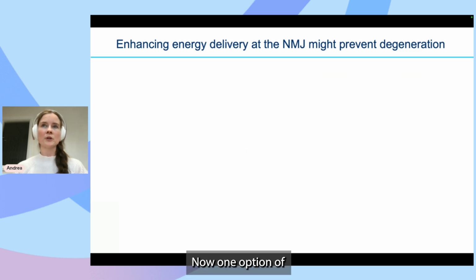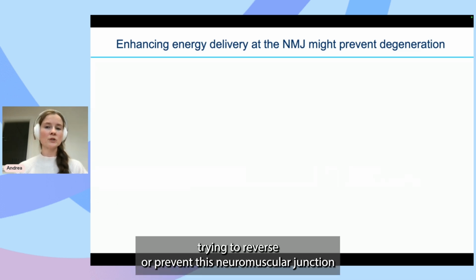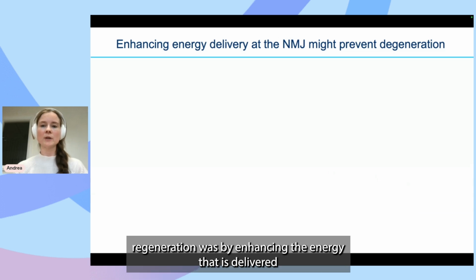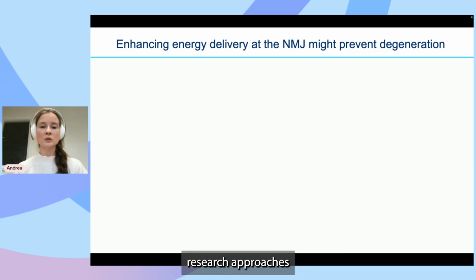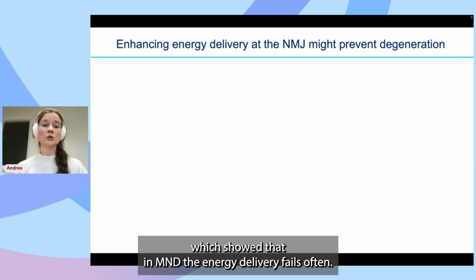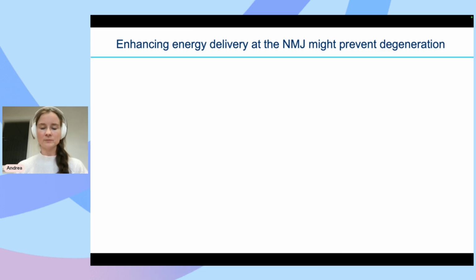Now, one option of trying to reverse or prevent this neuromuscular junction degeneration was by enhancing the energy that is delivered at the neuromuscular junction, because there have been several different research approaches which showed that in MND, the energy delivery often fails.